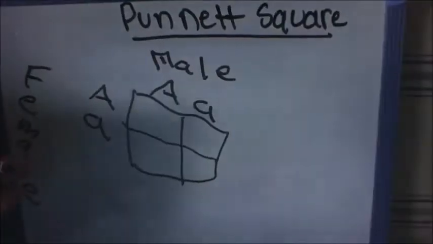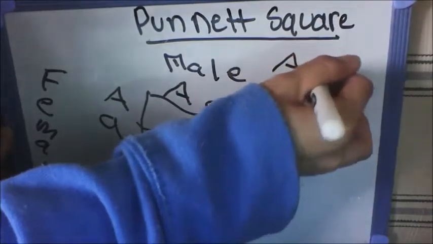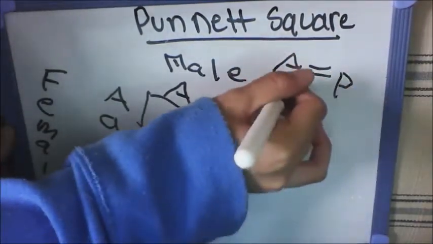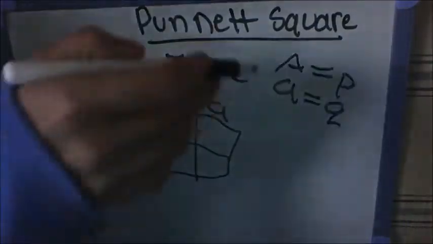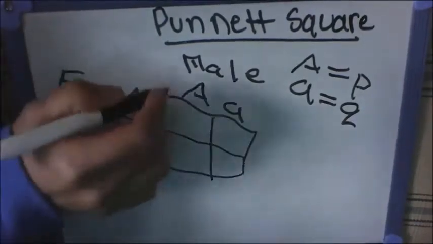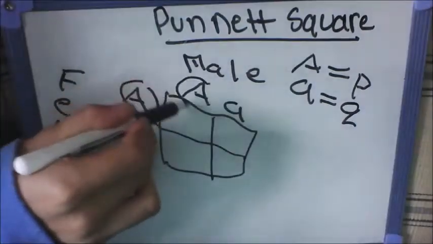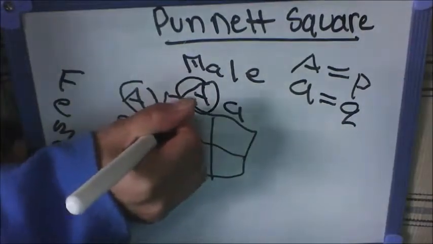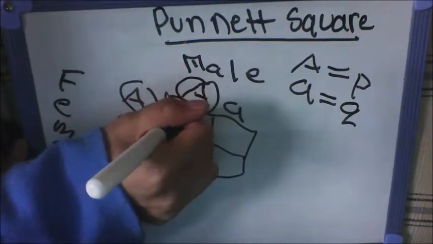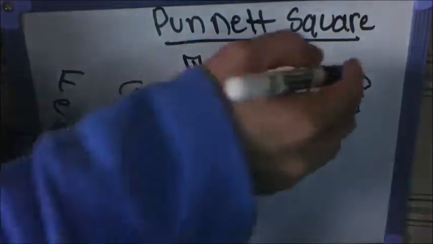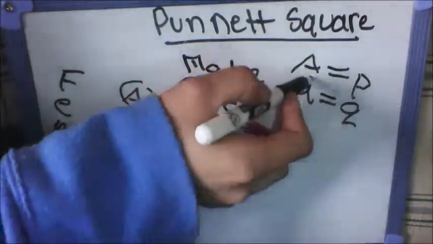Before we start the Punnett square, we have to remember that capital A equals P and lowercase a equals Q. So we're going to start here, and we're going to multiply capital A and capital A, which gives us two capital A's, which will be P squared, because capital A equals P.